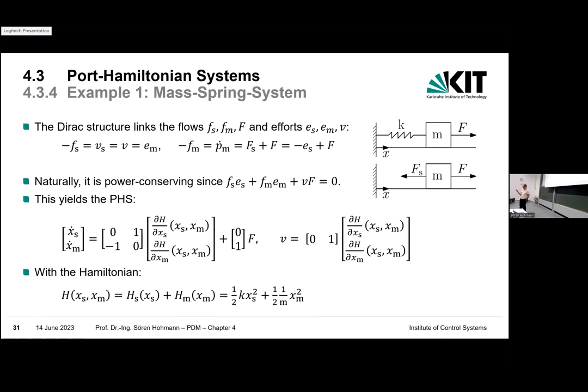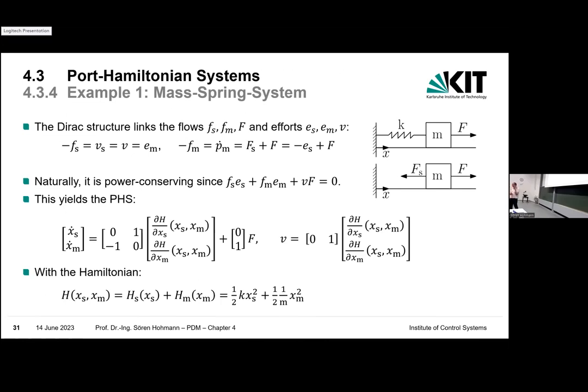This is not so surprising. I did wonder during my studies how this matrix A represents the interconnection of the various elements. And here you see, yes, it does, because it's part of the Dirac structure.